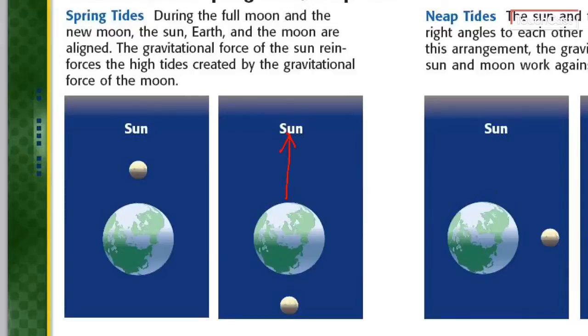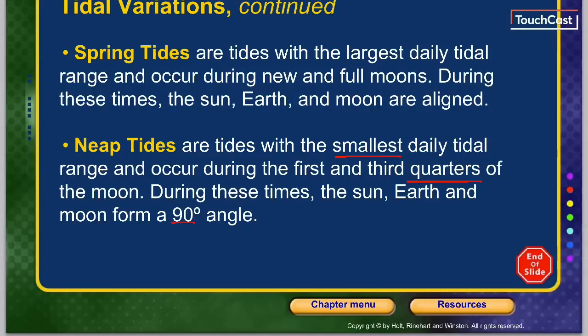It's lifting it up right there, creating high tide in that place. And if you remember, on the opposite side of the earth, we're also having high tide. And here's the moon pulling that direction. So they're working together to make what's called a spring tide, where we have very, very high tide, and we have really, really low tides.